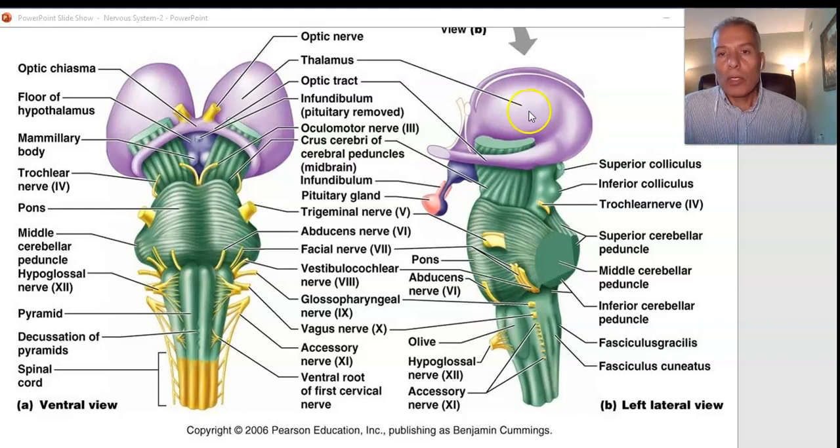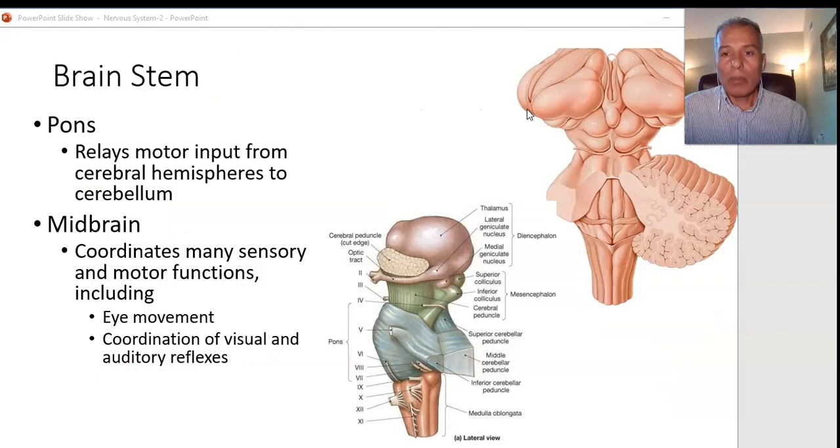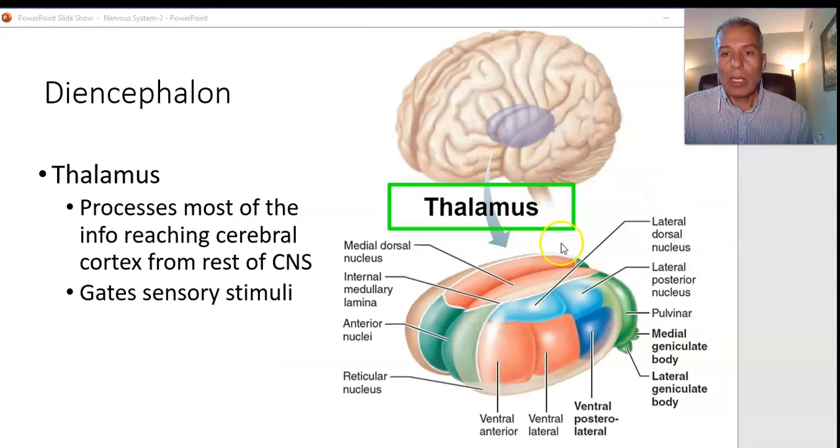So, for example, here is a structure that we studied. It's called the medial geniculate body. Another name for it in function is the auditory thalamus. It is dedicated to hearing.